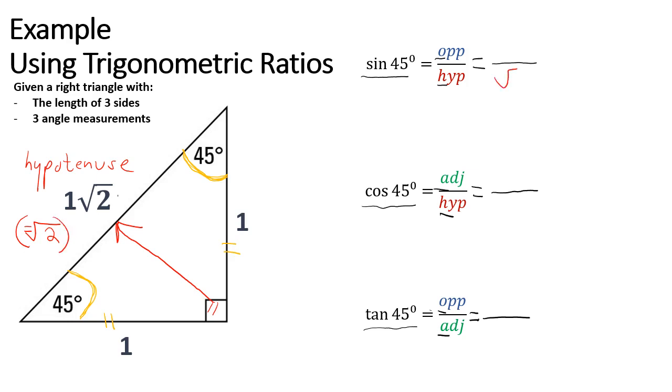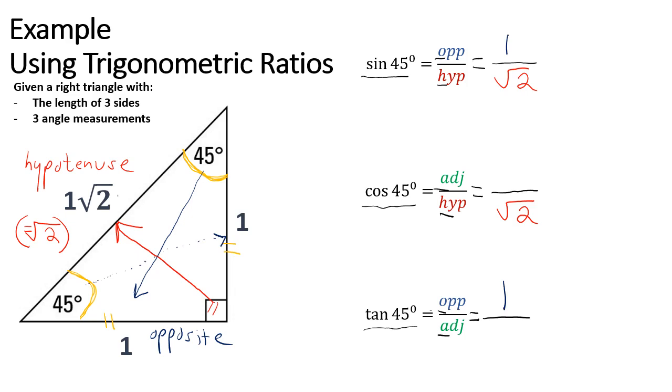So anywhere where I see hypotenuse, I'm going to type in root 2. Next, I'm going to look at the opposite of 45. Well, the opposite of 45 is going to be 1. Fill that in, and you notice that even if I look at the opposite over here, that's also 1.